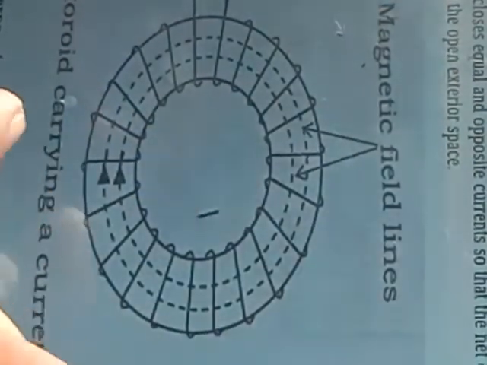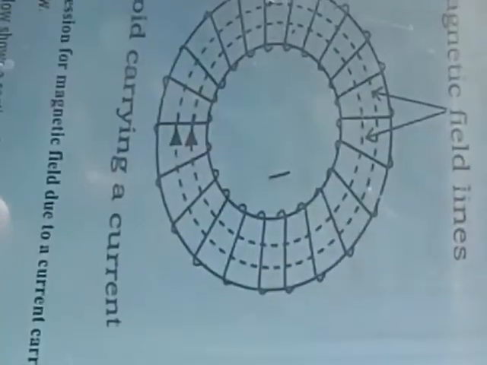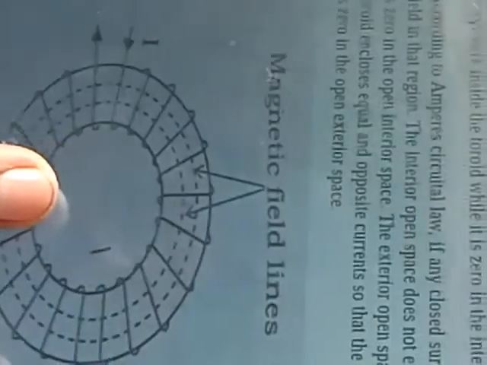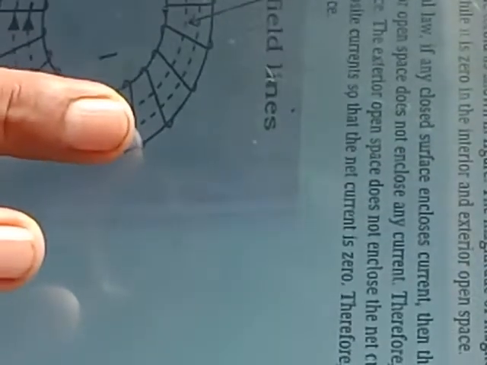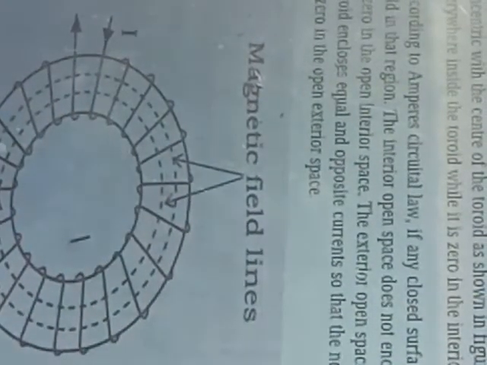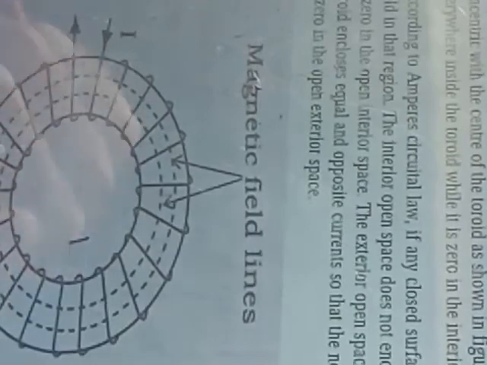So what happens in case of a toroid? A toroid is a hollow circular ring on which a large number of turns of wire are closely wound. ये जो closely it has been wound. There will be a uniform magnetic field only inside the toroid, not outside or in the space in between.